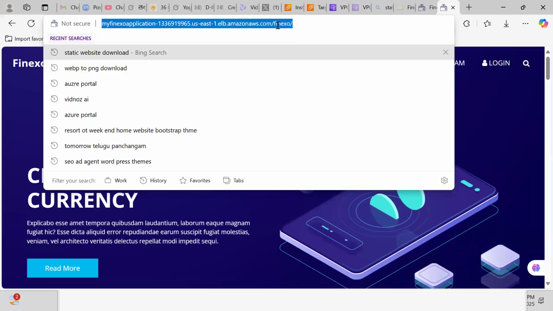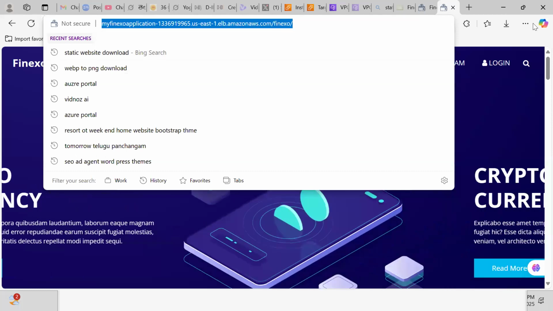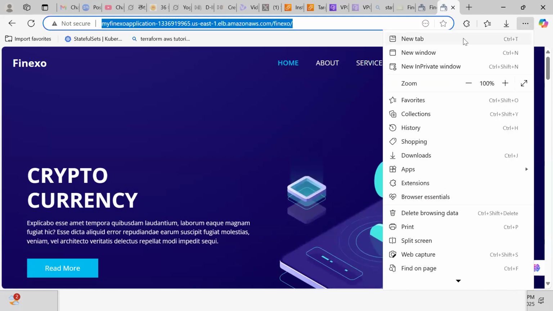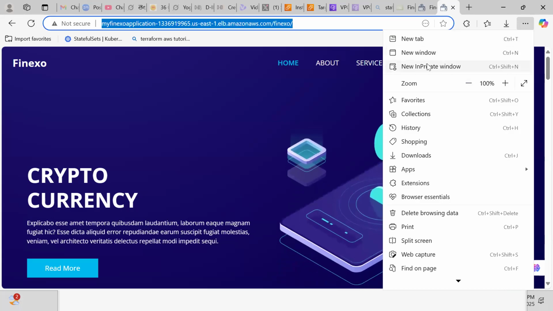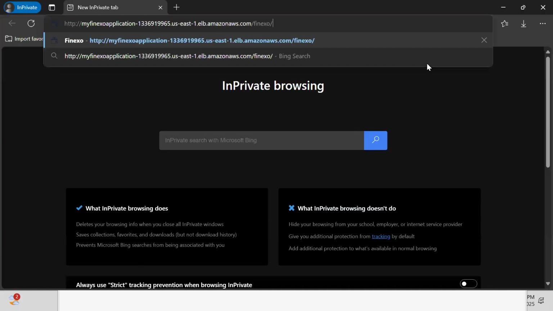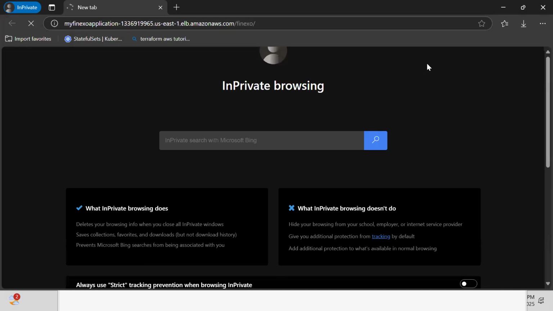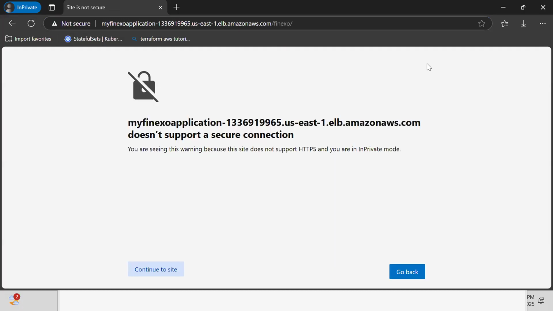Don't test directly like this, because sometimes it may come from the cache also. Both instances need to be stopped, and at the load balancer level it needs to show unhealthy. Then the user request is not going to be redirected. We'll wait for some time.